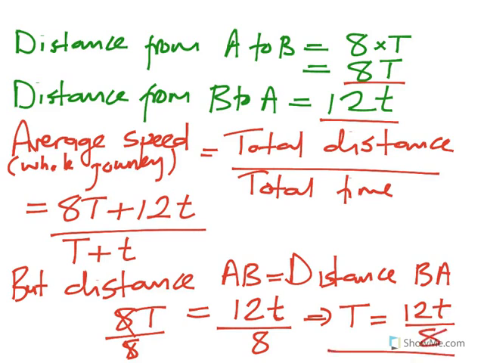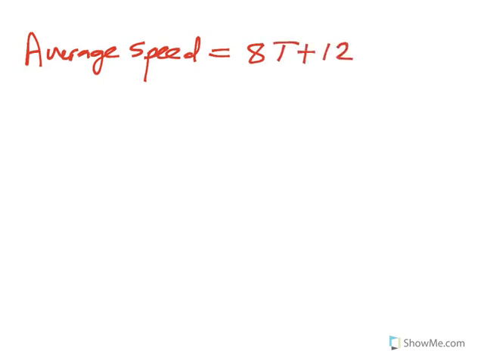So that is my big T. Now if I put it in my average speed, average speed is equal to 8t plus 12t over T plus t.